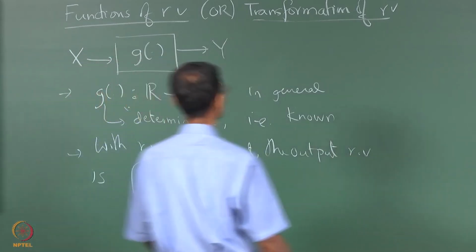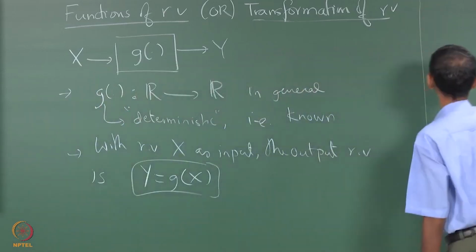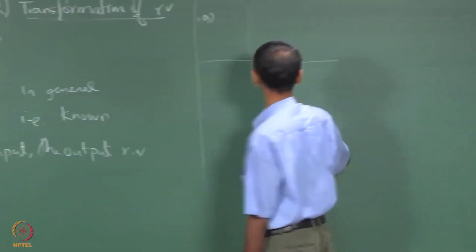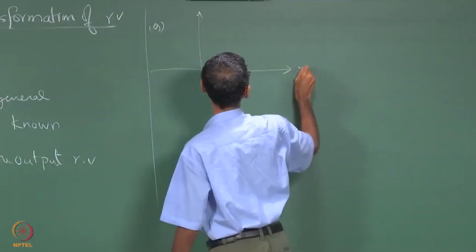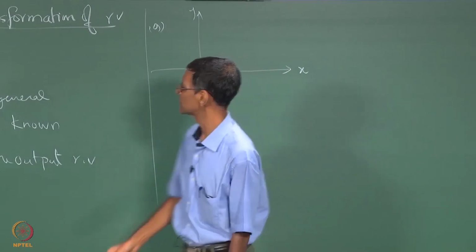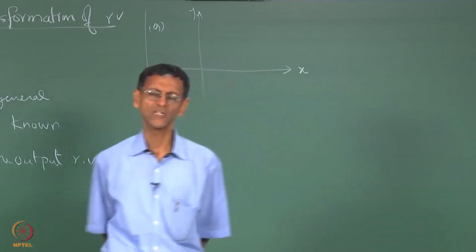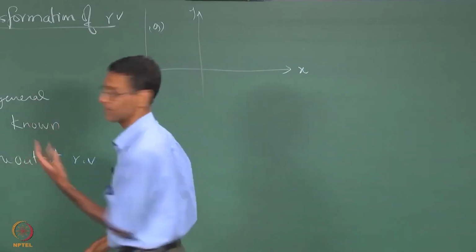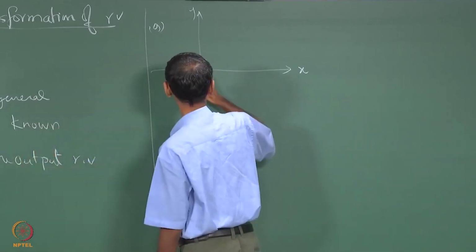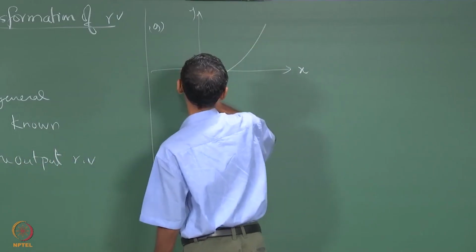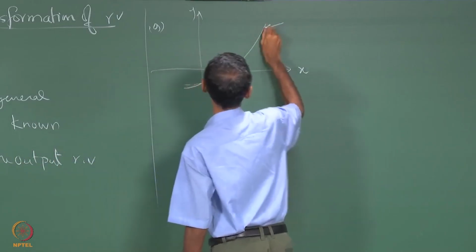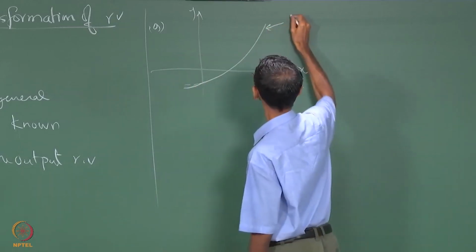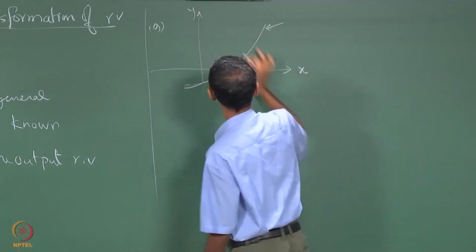Let us take a simple picture. We are obviously interested in some non-linear function G, since we cannot restrict ourselves only to linear functions. But let us assume that we have a monotonically increasing G, just for illustration.